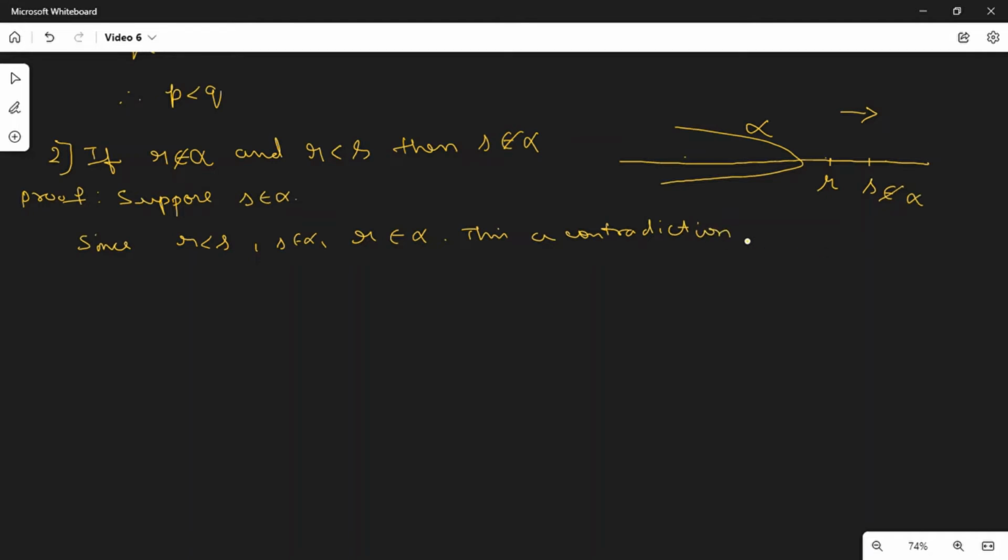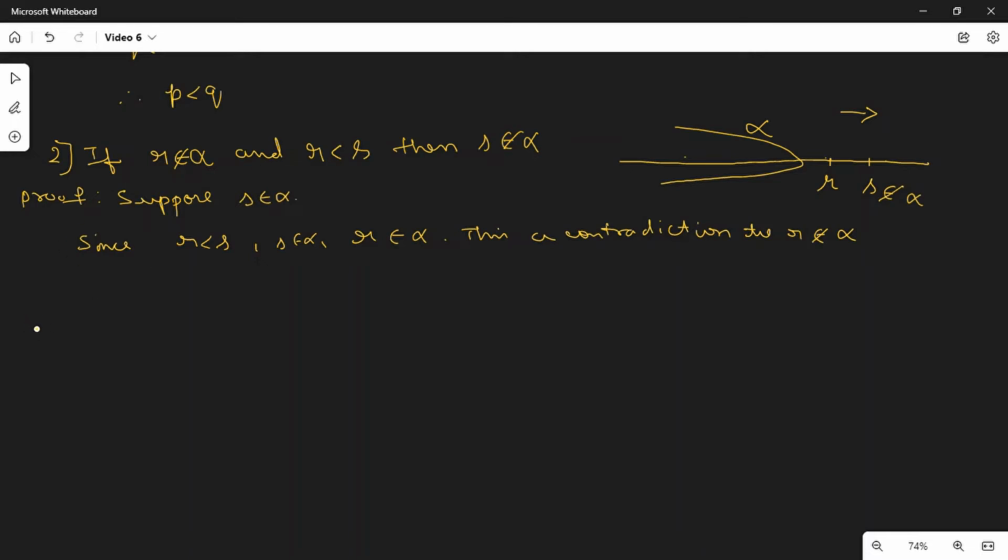This is a contradiction to the fact that R does not belong to alpha. So one more thing: if R does not belong to alpha, all greater elements do not belong to alpha.